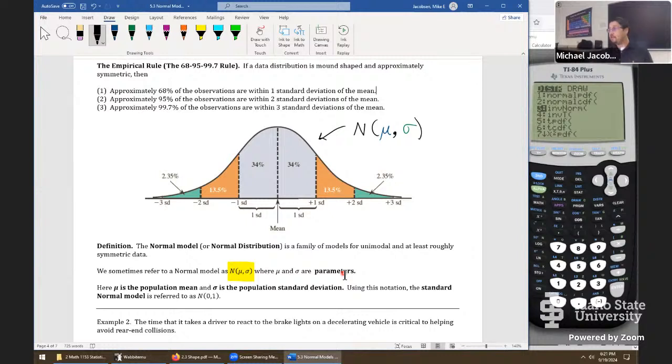What is a parameter? A parameter is something that describes the population. So mu is the population mean, not the sample mean like we've been saying before. To get a population mean, you have to contact every single member of the population and do a measurement, then do your statistics on all of the data. That means you have a census, and that's often so expensive that it's almost never done.